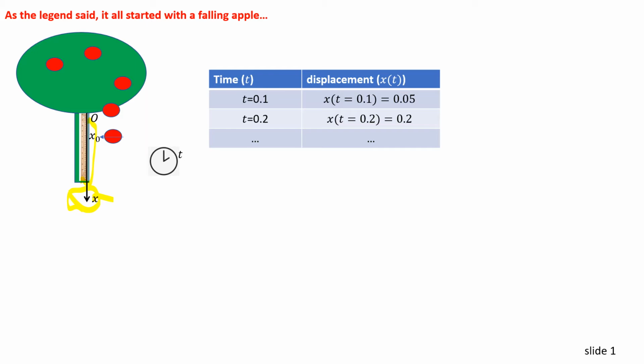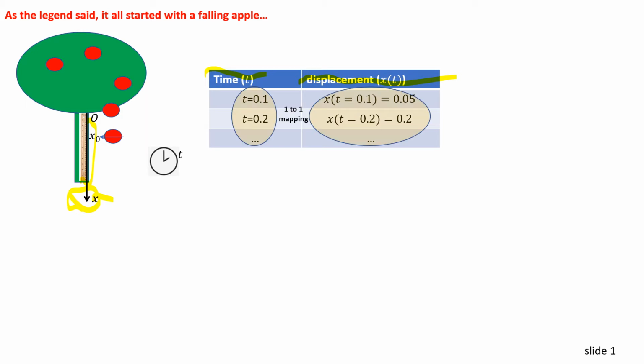As you can see here, the time points are listed in the first column, and we could call the time the independent variable. Then, in the second column, we have the displacement data listed, and displacement is depending on time, so it's called the dependent variable.